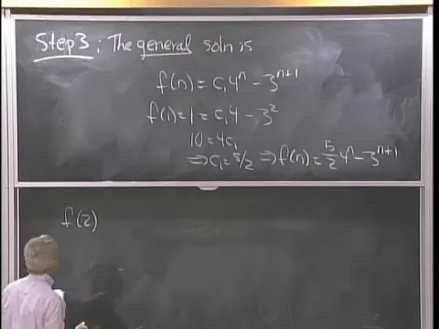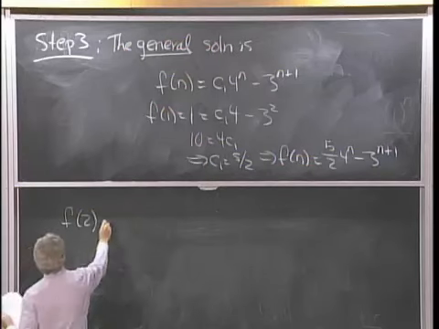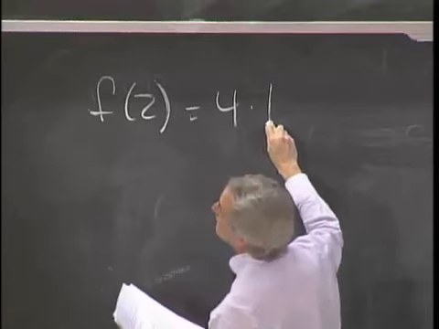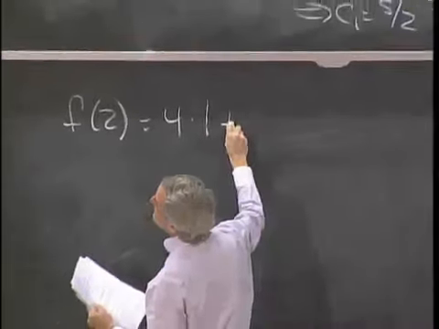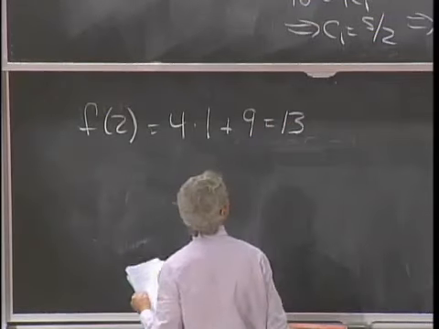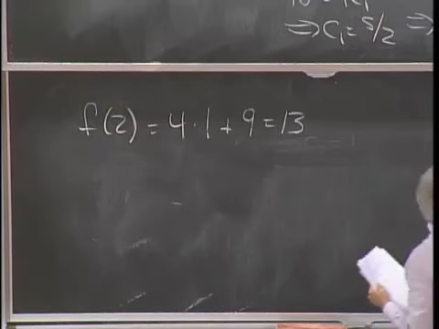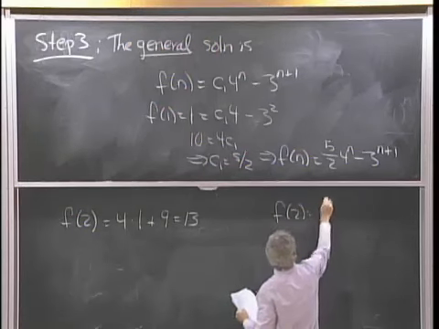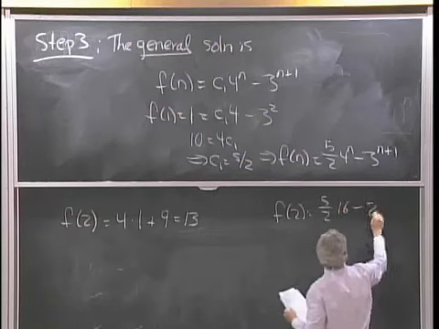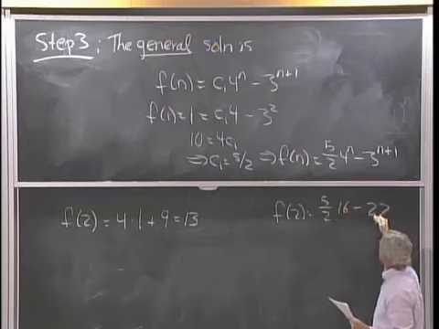By the recurrence, f of 2 is 4 times f of 1, 4 times 1, plus 3 squared, which is 9, is 13. And let's just check when we plug in 2 here. F of 2 is 5/2 times 16 minus 27. 5 times 8 is 40, minus 27 is 13.